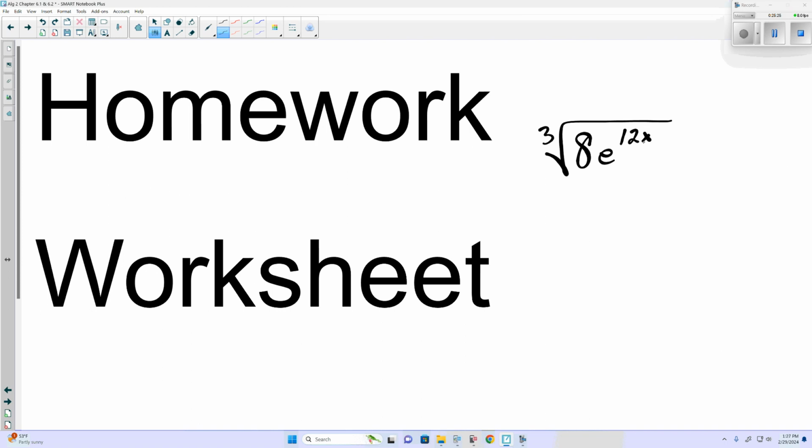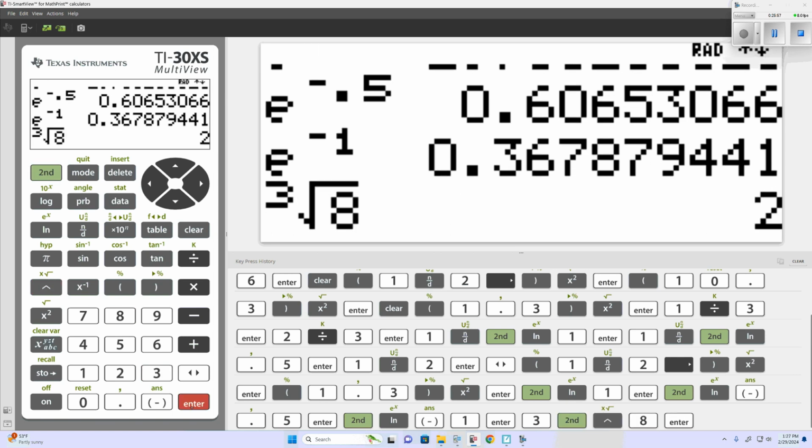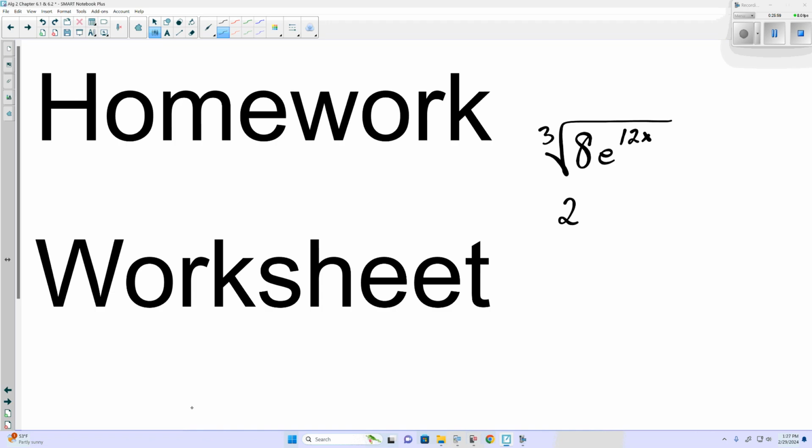Now, one that we didn't really look at is this here, the cubed root of 8e to the 12x. Right. So what's that? Now, the cubed root of 8. We've seen the cubed root of 8 several times this year, yes? Does anybody remember what the cubed root of 8 is? 2. Because 2 times itself 3 times is 8.